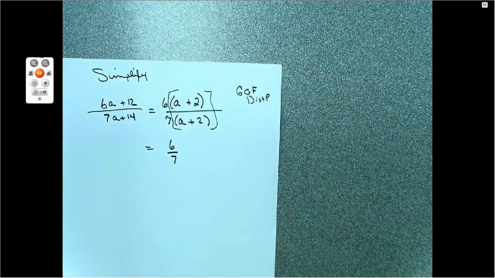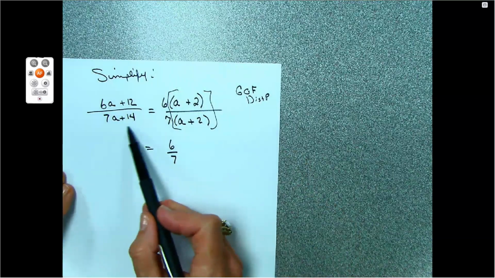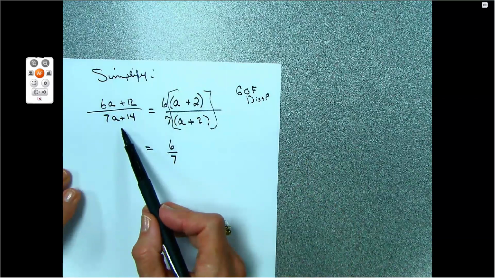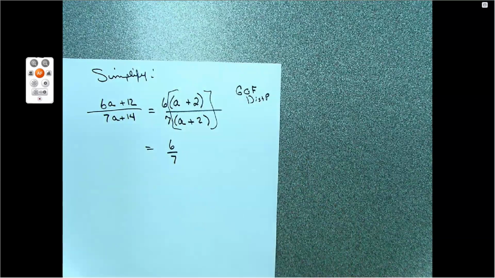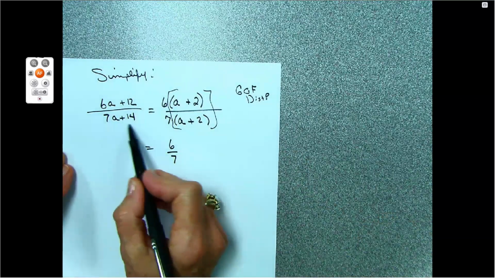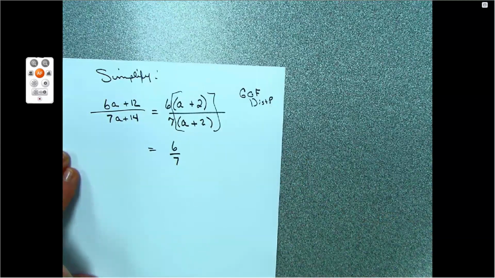Now, as we're simplifying, we understand that we are not going to let our denominator take on a value of 0. And now we can proceed. So we are understanding that we're manipulating these rational expressions, knowing that we would never let a denominator take on a value of 0.